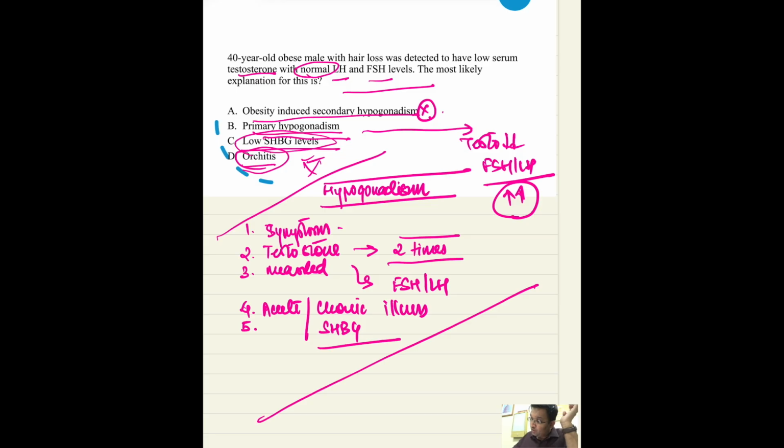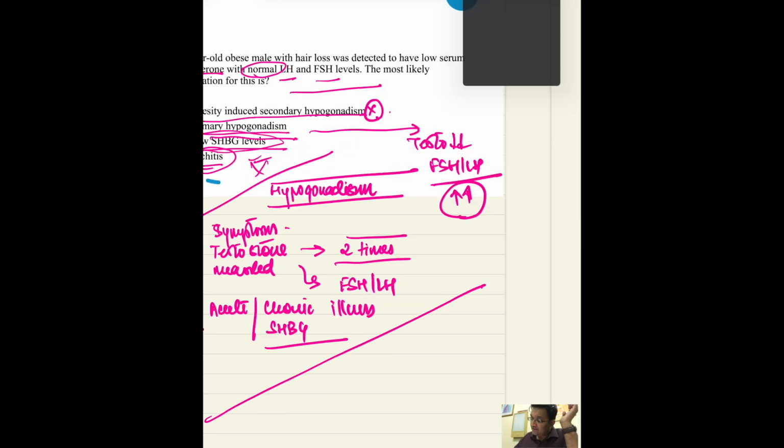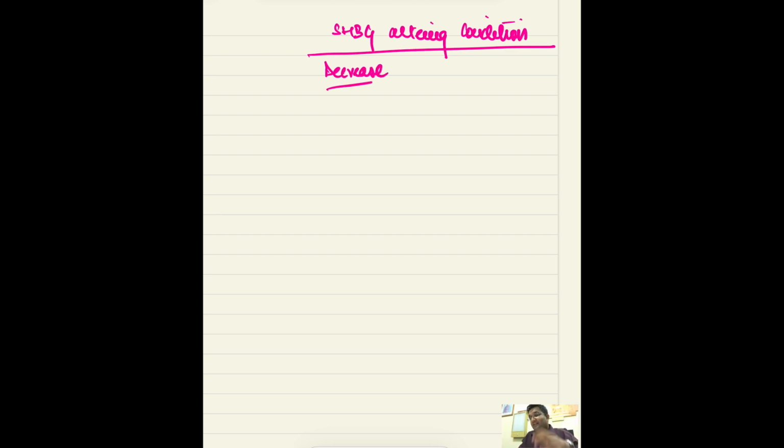So we need to know what are the SHBG altering conditions, and mainly what causes decrease in these conditions. So the first one is obesity. Then there is hypothyroidism.